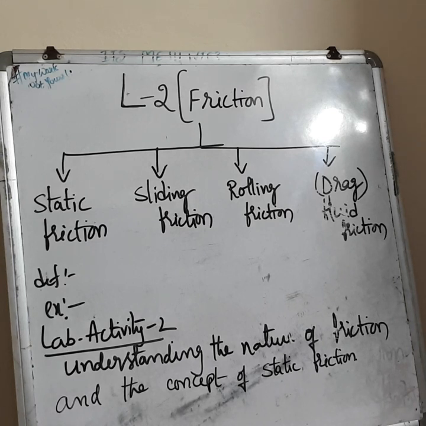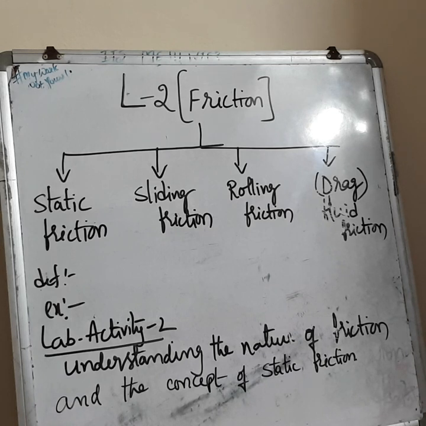And actually, frictional forces are of four types. What are those four? Static friction, sliding friction, rolling friction, and the last one is fluid friction, which we can call drag. So, what is static friction?